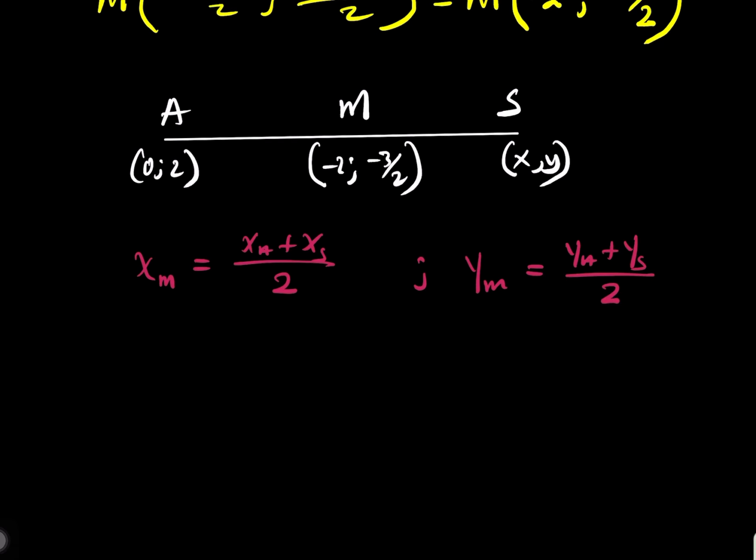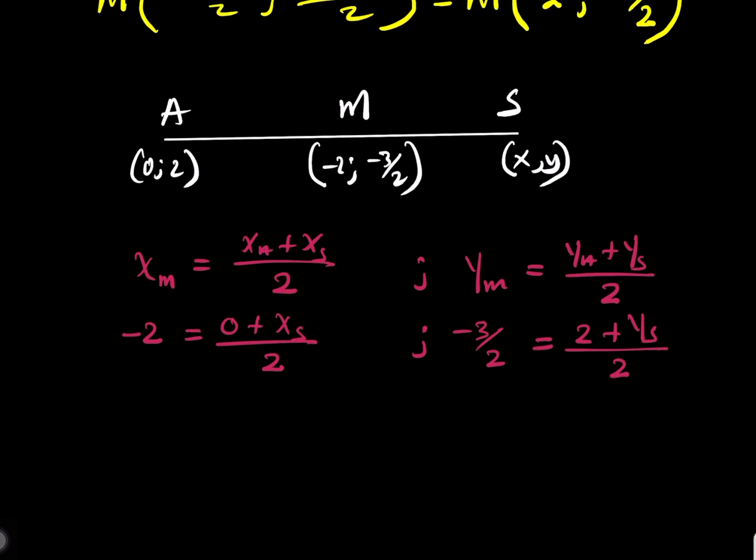Now, the x at M is -2, which equals the x at A, that is 0, plus the x at S, divided by 2. The y at M is -3/2, which equals y at A, that is 2, plus y at S, over 2.